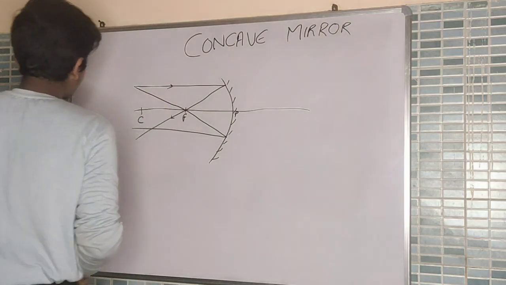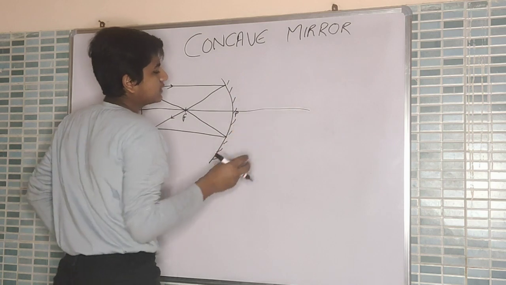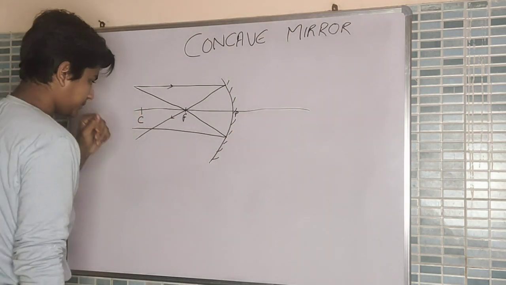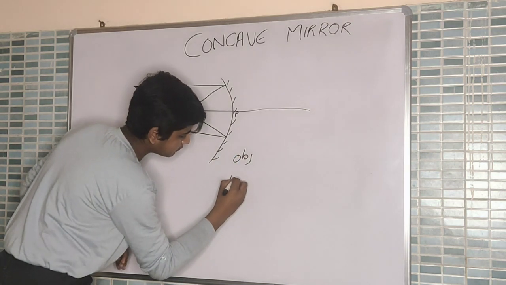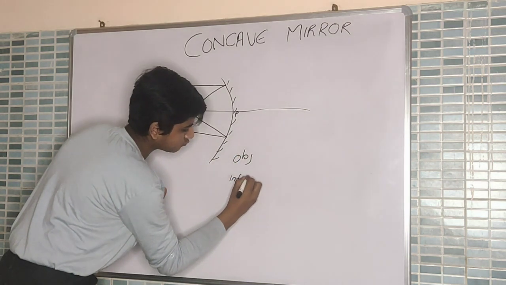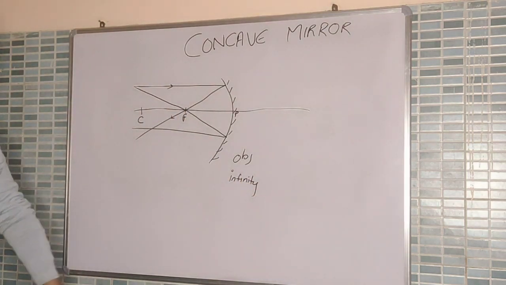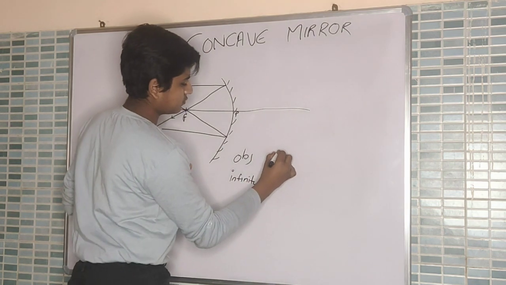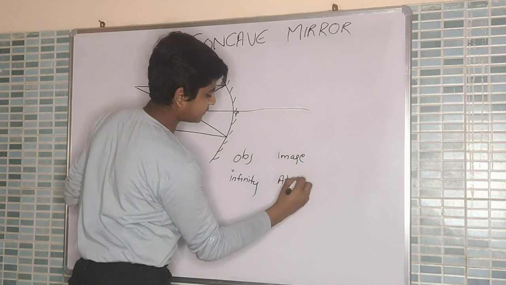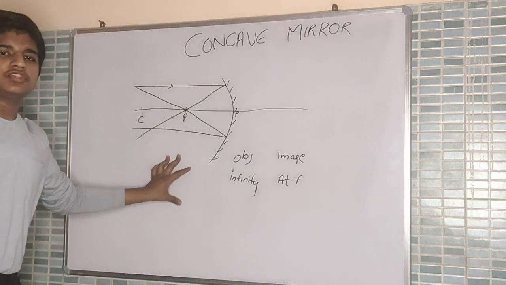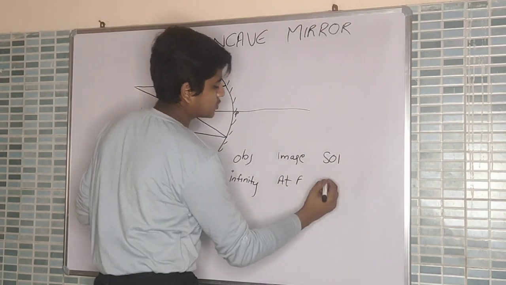So in the very first case, we have observed that when an object is kept at infinity, the image is formed at focus, at f. Size of image, that was point sized.